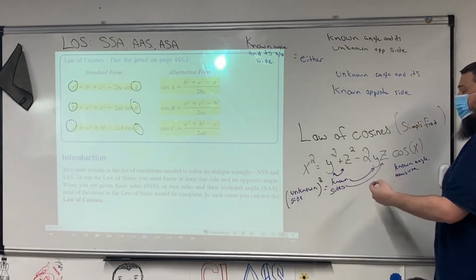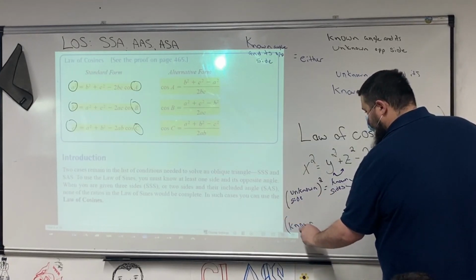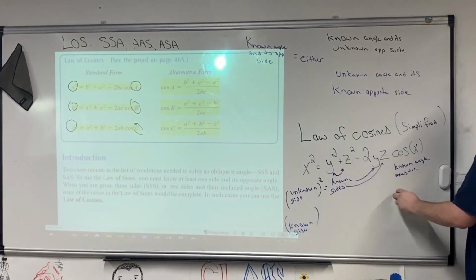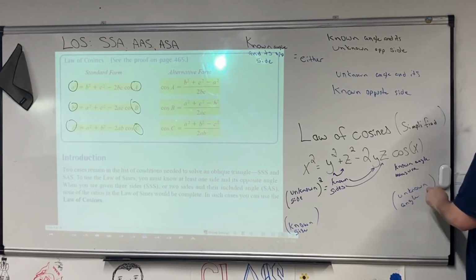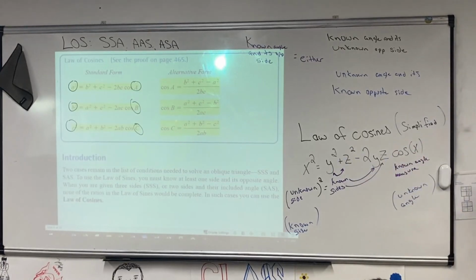So the other case is now I know this side, but I have an unknown angle. But these will always be known sides. You have to know two of the sides to use the law of cosines.